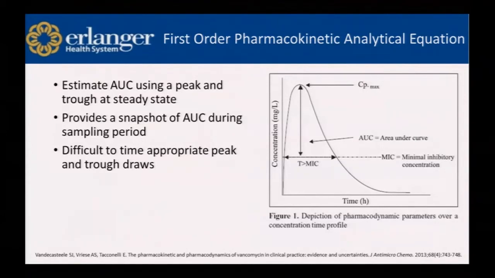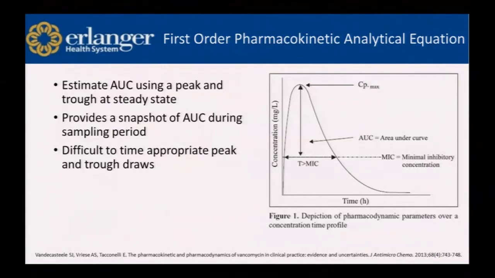This kind of modeling, unlike the Bayesian software, provides a snapshot of your AUC to MIC during a sampling period. The Bayesian software is actually predictive and will follow the patient throughout the course of therapy as you continually input values, whereas this is only going to tell you what the AUC-MIC is for the sampling period in which you drew your peak and your trough.